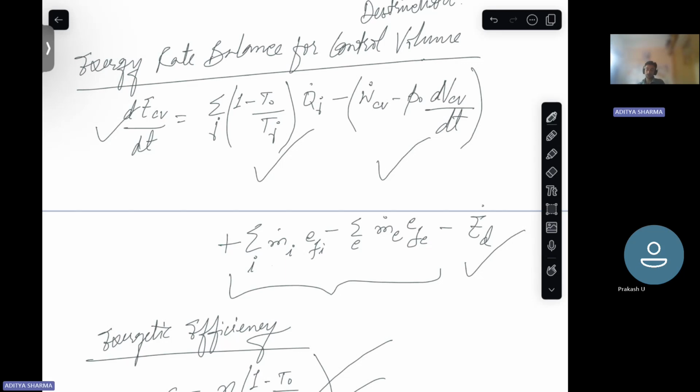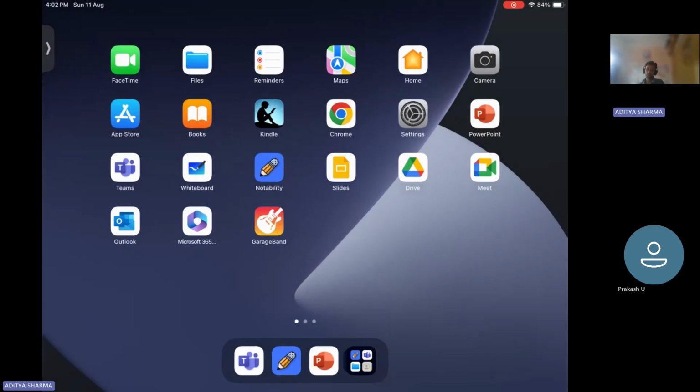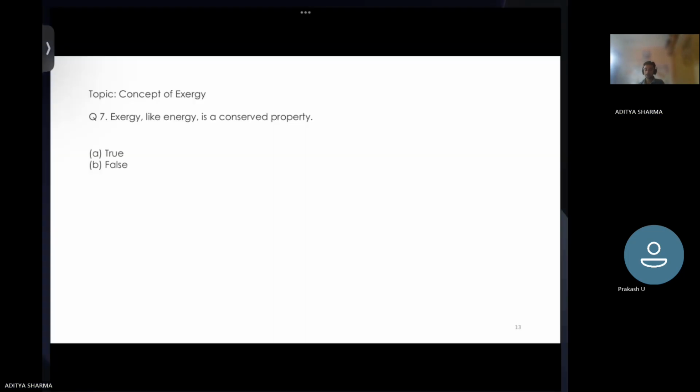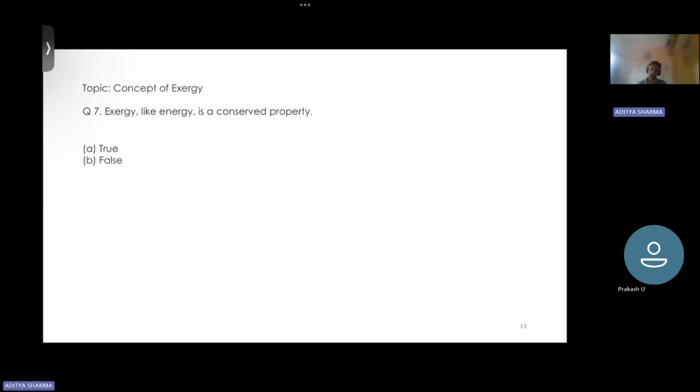So because exergy is being destroyed in a system, we cannot say that exergy is remaining conserved, right? So this becomes a false statement.